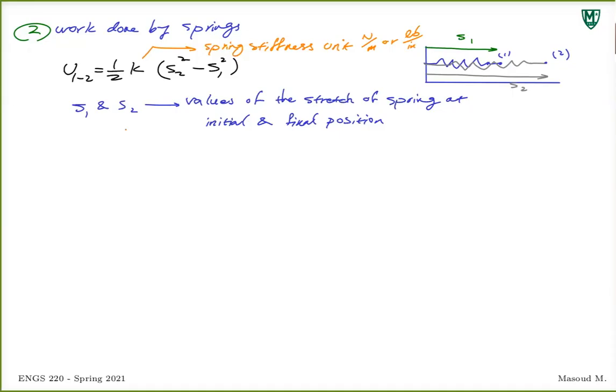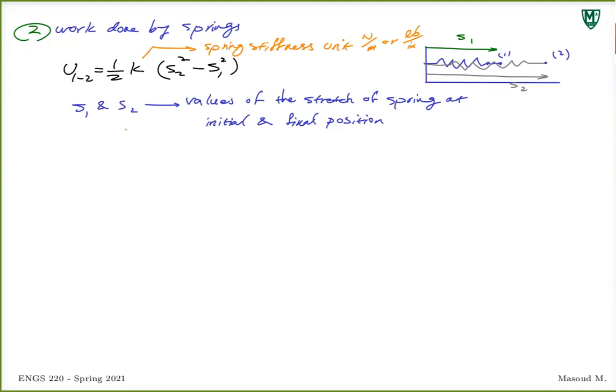So this is the work done by spring. One thing you have to pay attention to is the stretch of the spring. What is S1, what is S2? You always need to know these two, whether it's given or you have to find it. Spring stiffness is really constant, obviously. If you have enough information, you might be asked to find it, or it might be given as part of the problem statement.